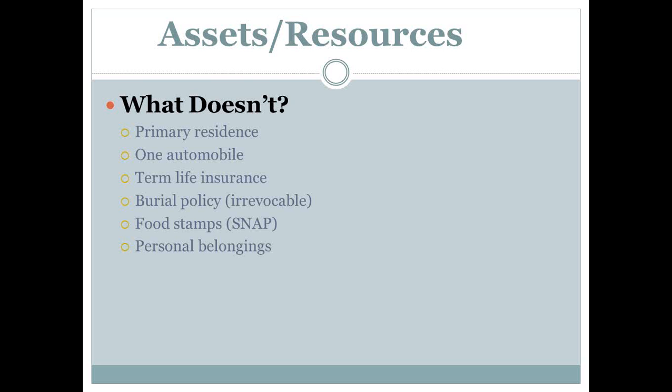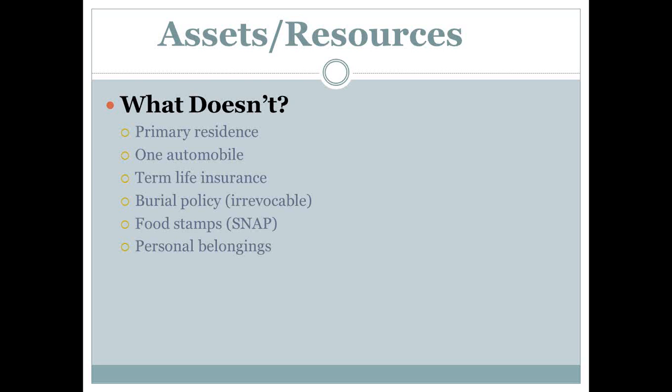Now, you may live in a house that's worth $550,000 or $600,000 and still have a mortgage, but then the only thing that counts would be the actual equity, the amount the house would be worth versus what is owed on it. Again, that's a determination made by the Department of Human Services.